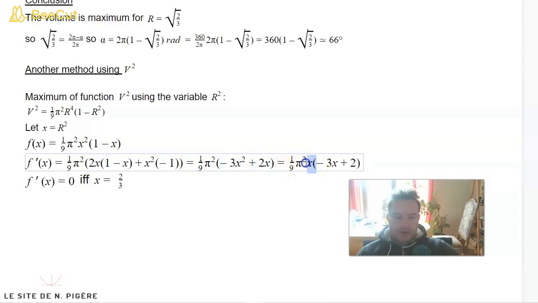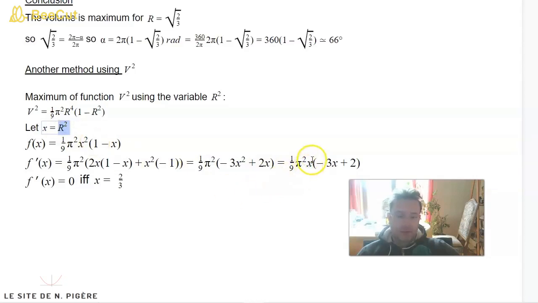We can factorize this by x, and we can see that f prime of x is equal to 0 if and only if minus 3x plus 2 is equal to 0, or x is equal to 0. But if x is equal to 0, then r is equal to 0, and this means that we don't have any cone anymore.